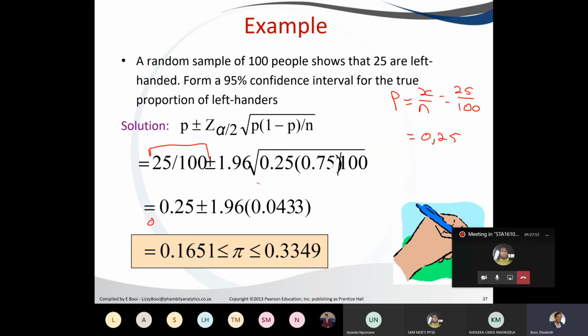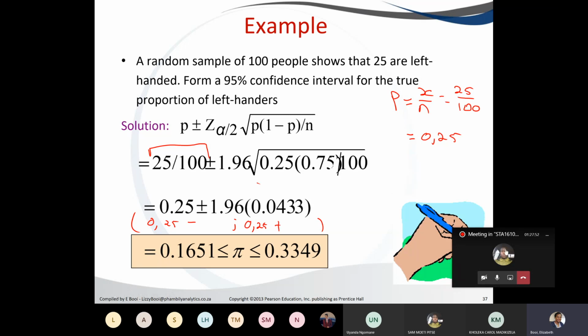Then we do 0.25 minus that answer, and 0.25 plus that answer. We get 0.1651 and 0.3349. Same method of calculation, it's just that with the proportion, you need to know the formula and go to the Z table. And at 95% confidence, the critical value is 1.96.